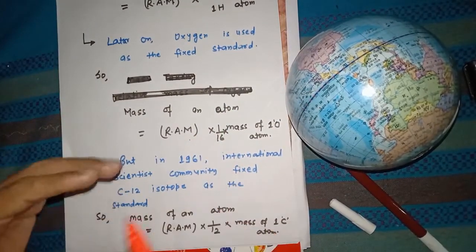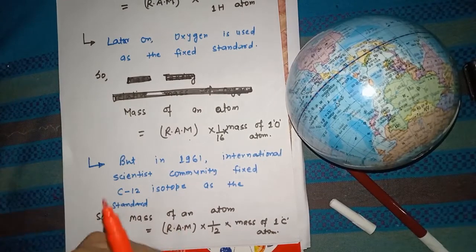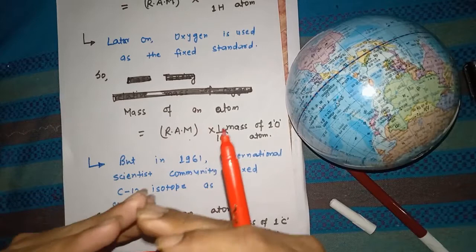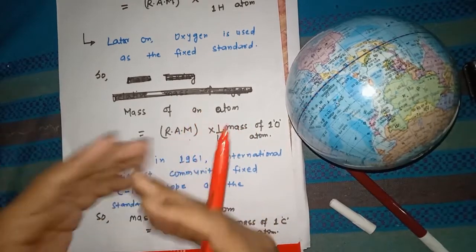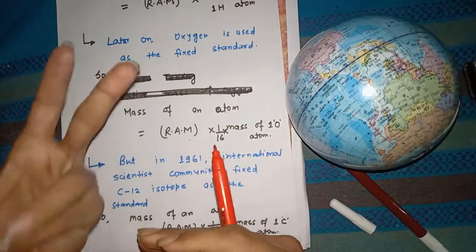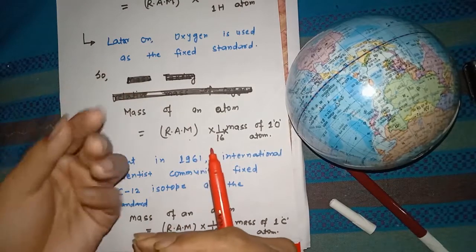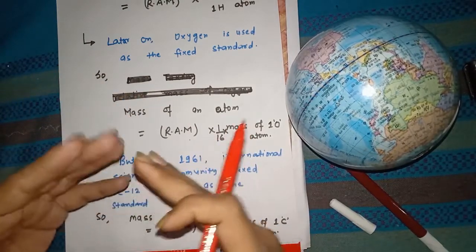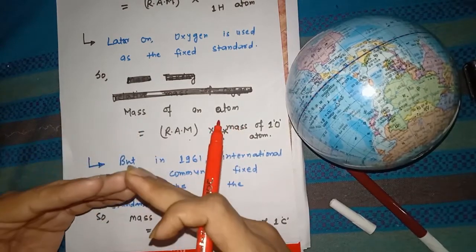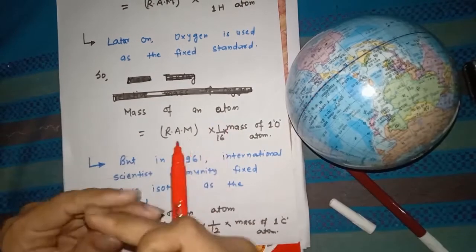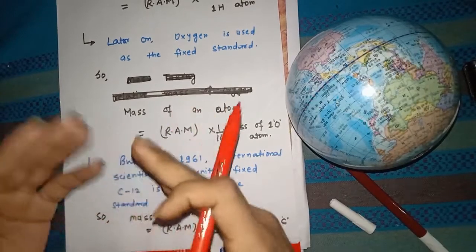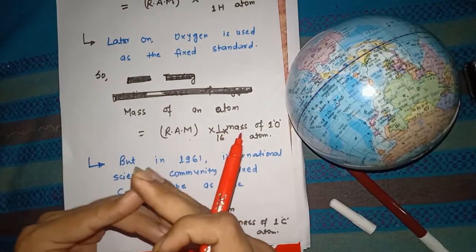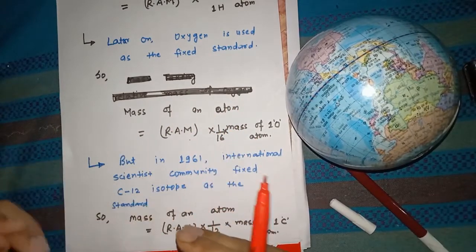But in 1961, the international scientific community decided to take the C12 isotope, the carbon C12 isotope. Carbon has 3 main isotopes, C12, C13 and C14, and C12, about 98%, is found in nature, and we can see everywhere in our living world that carbon is present.